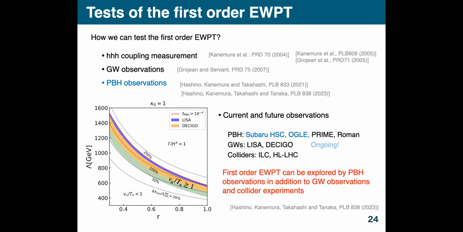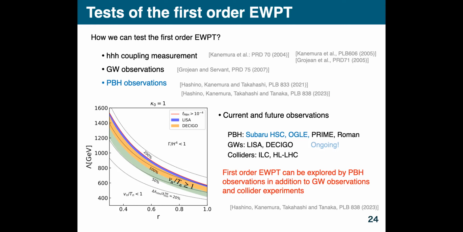However, this region can be explored by the future collider experiments, especially the collider experiments which can measure the triple Higgs boson coupling precisely. These black contours indicate the prediction of the triple Higgs boson coupling. From the bottom, the 20% deviation, the 50% deviation, 100 and 200.